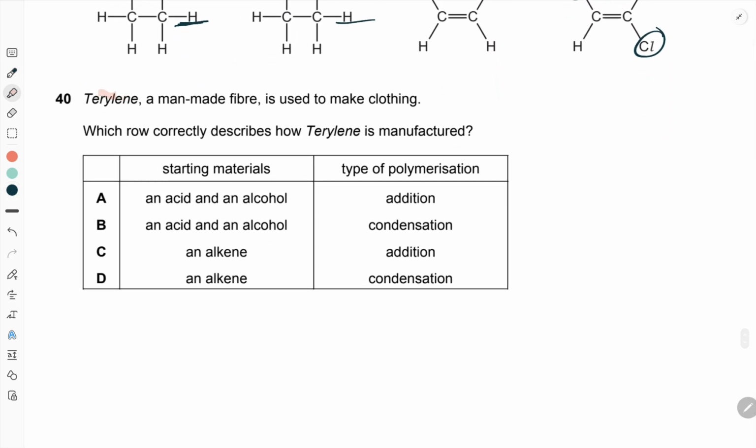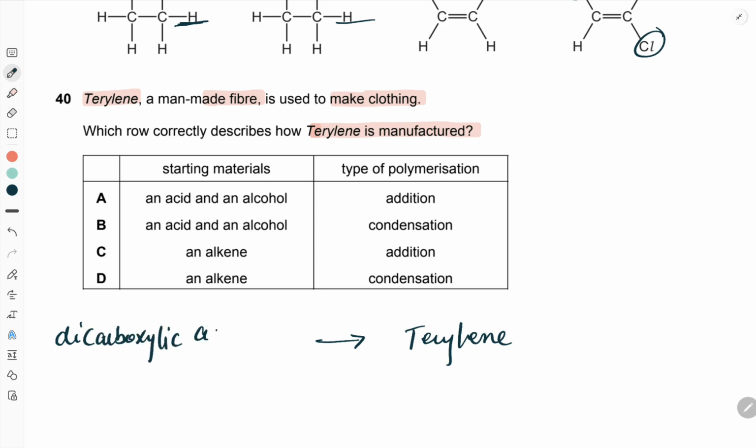40. Terylene, a man-made fiber, is used to make clothing. Which row correctly describes how terylene is manufactured? To make terylene, we need a dicarboxylic acid and we need a diol, an alcohol.